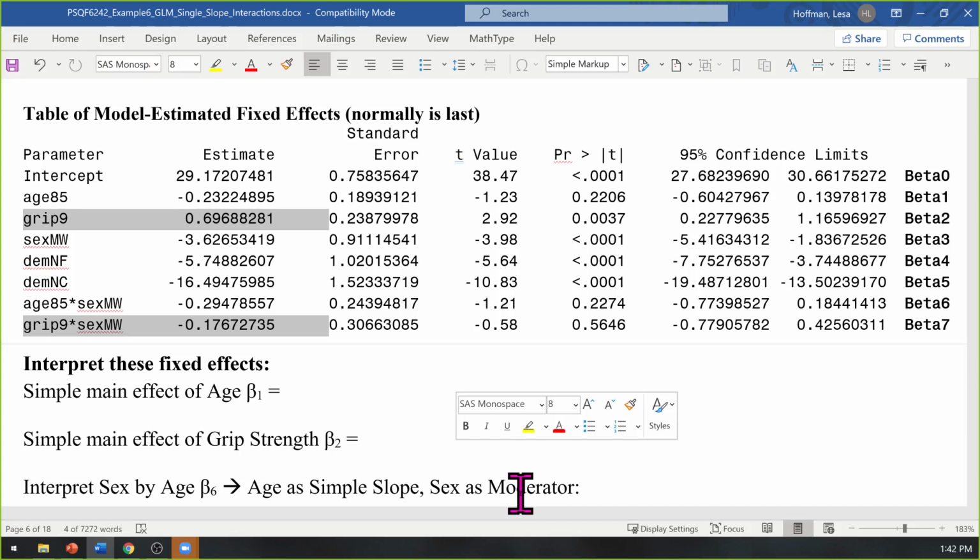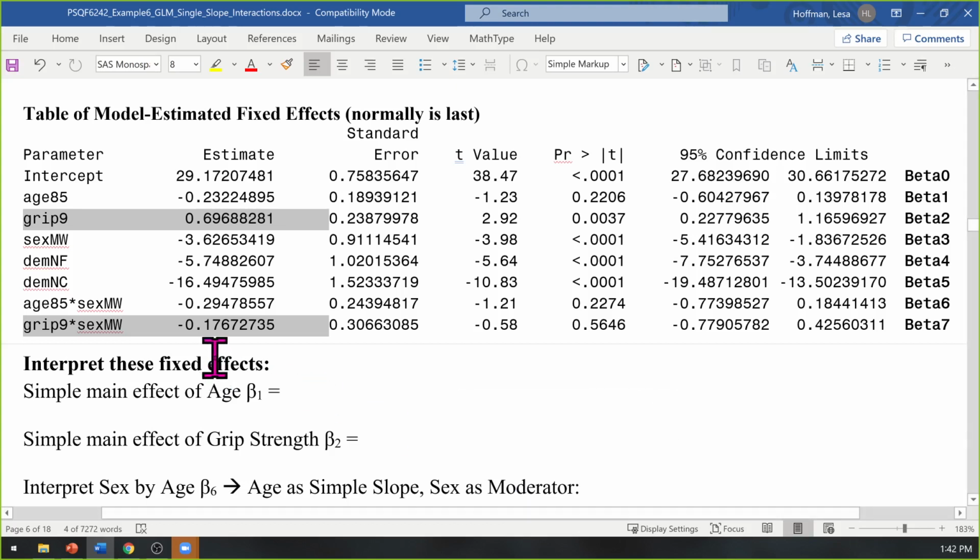It's still increasing, but it's not increasing more. Yeah, it's still a positive slope in women. So it would be like 0.52-ish or something. But it's a weaker effect. So it's less so in women? Yep. Okay.